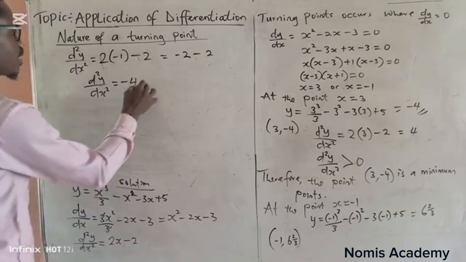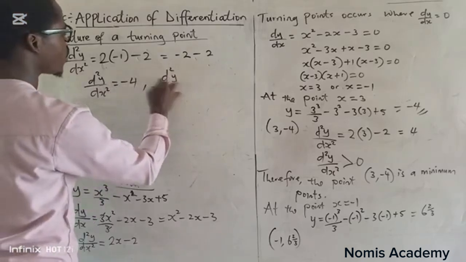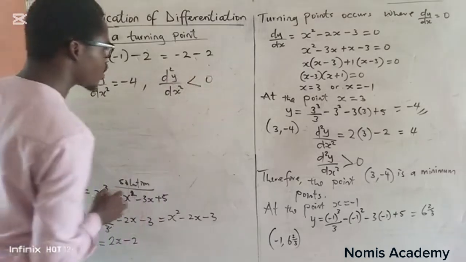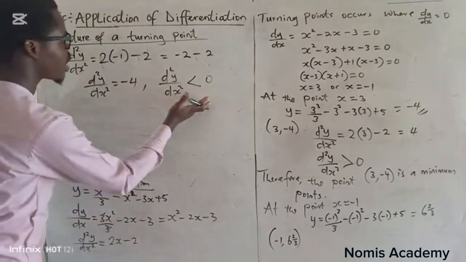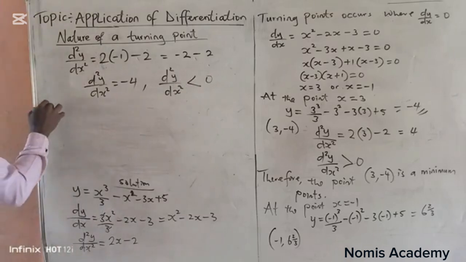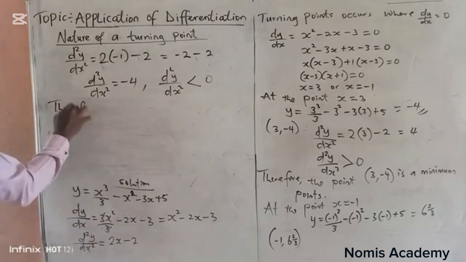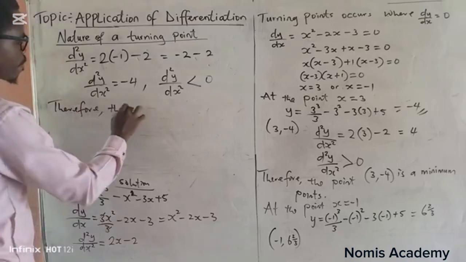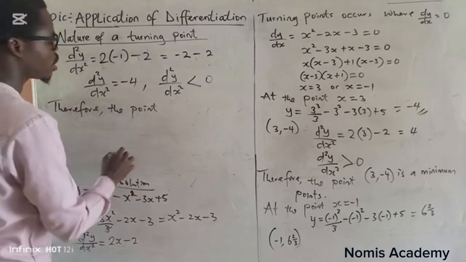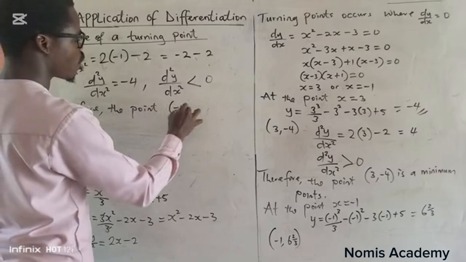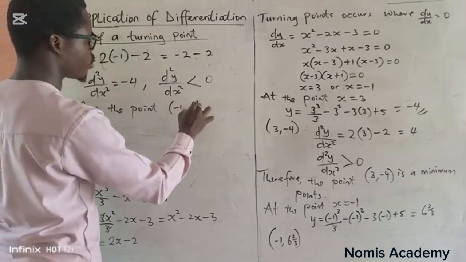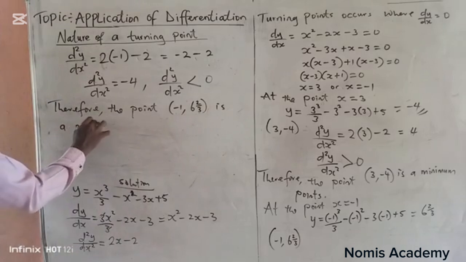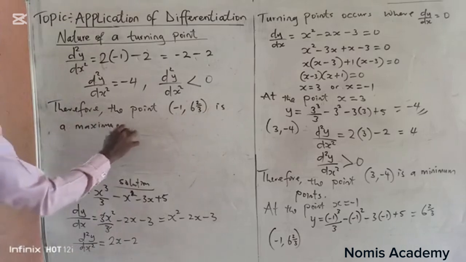So you can see that d squared y over dx squared is less than 0. We can now conclude and say, therefore, the point minus 1 comma 6 and 2 over 3 is a maximum point.